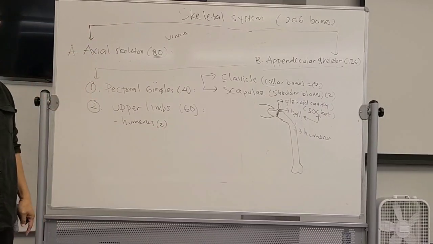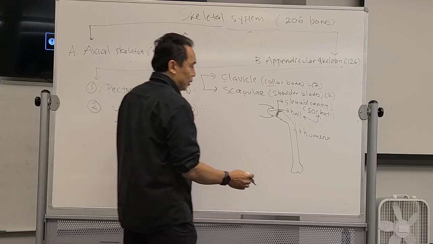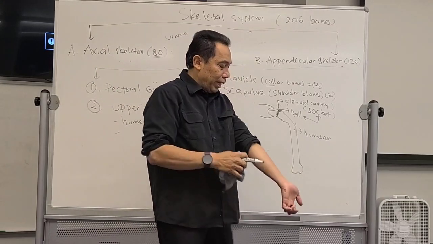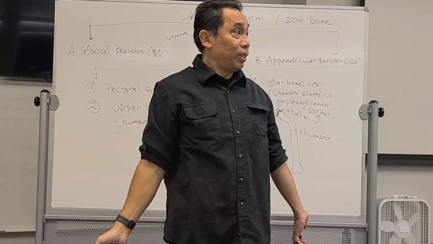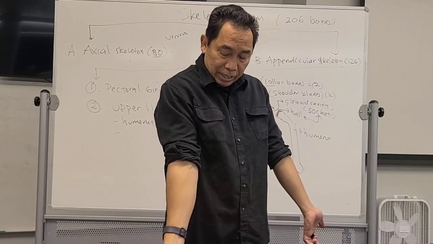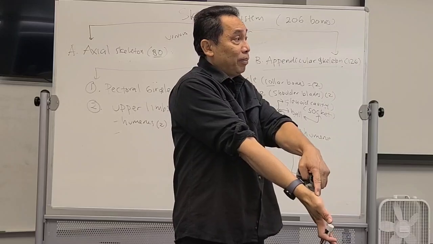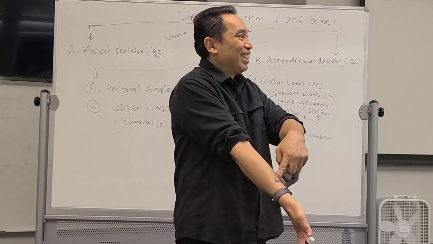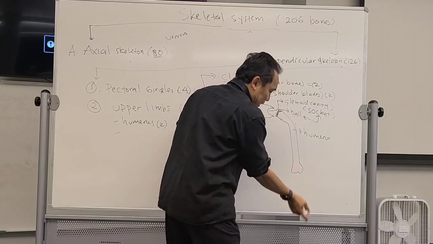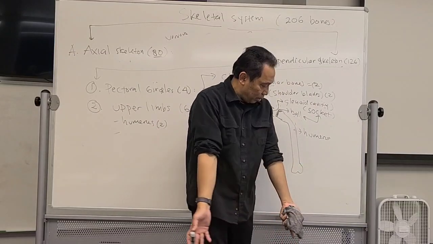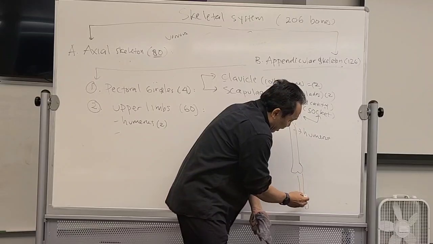Next, under the humerus. Remember this is the standard position, right? When you do like this, the bone on the thumb side is actually bigger. You see? This is the thumb side over here, with the bigger bone.